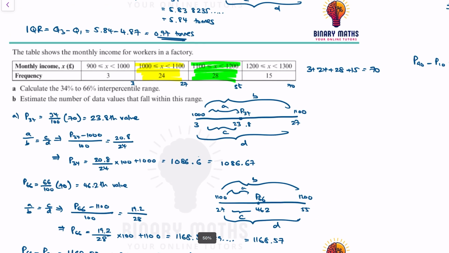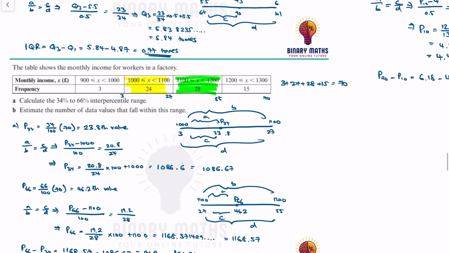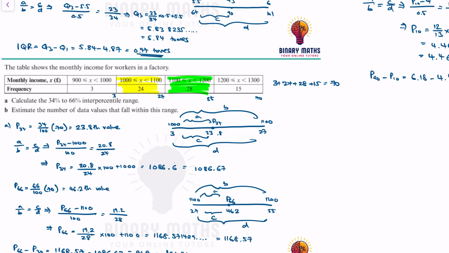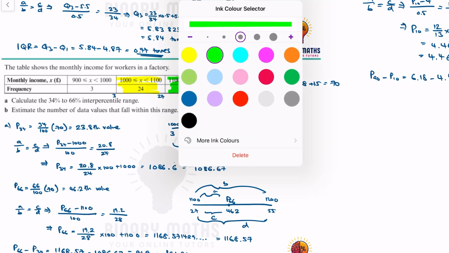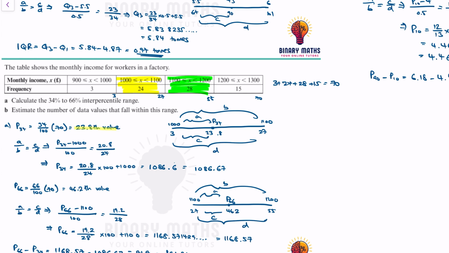Okay, estimate the number of data values that fall within this range. So let me highlight what I'm using. P34 is the 23.8th value and P66 is the 46.2th value. So that means the number of data values is going to be 46.2 take away 23.8.